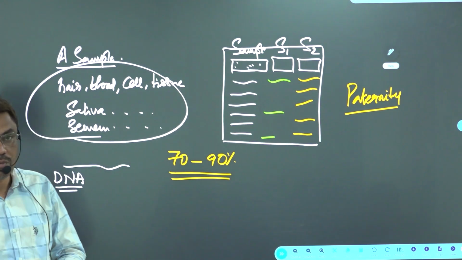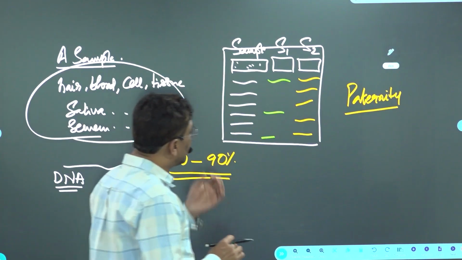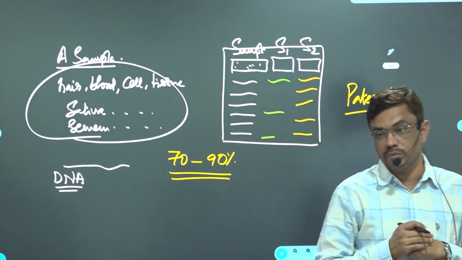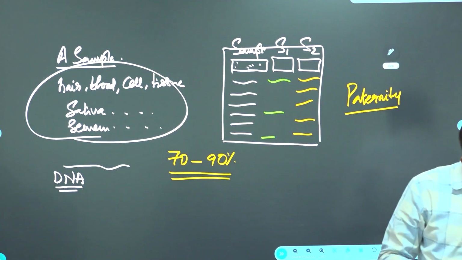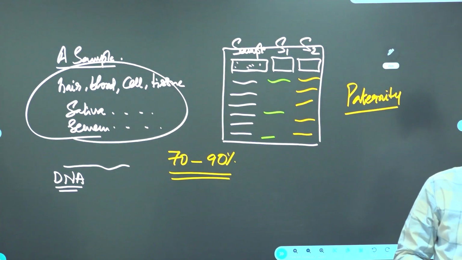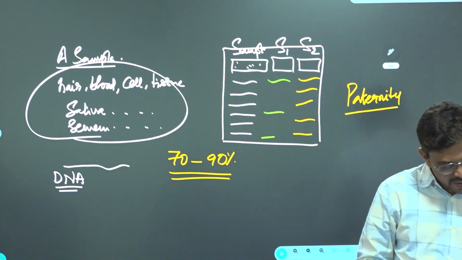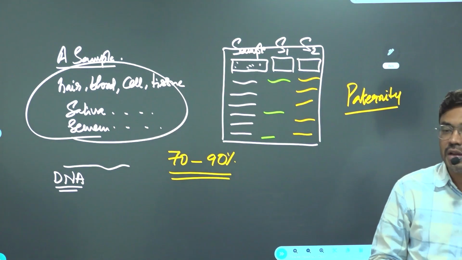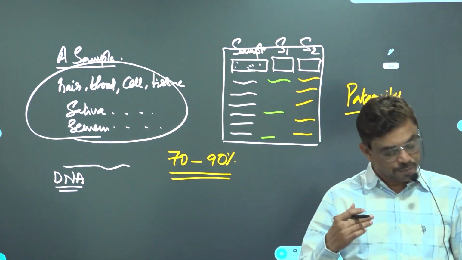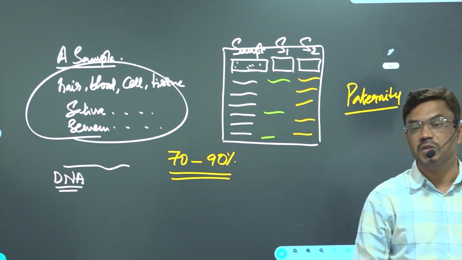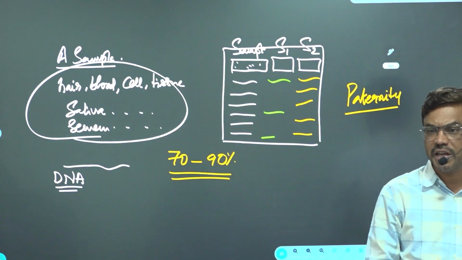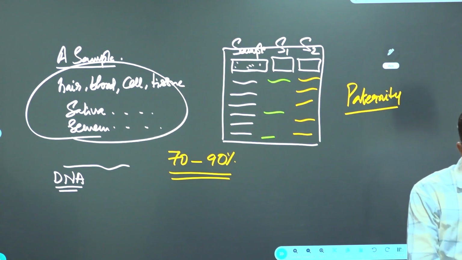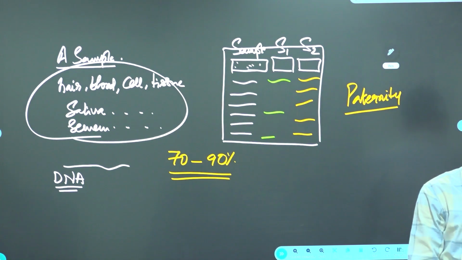So this is the importance of DNA fingerprinting. And also the identity of persons can be established using DNA fingerprinting. So these are the various applications of DNA fingerprinting.